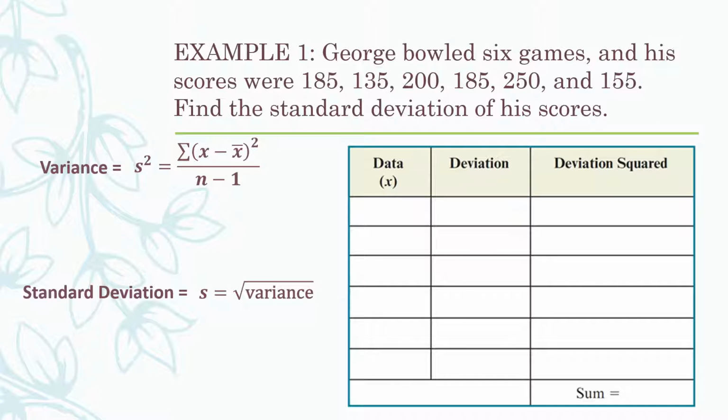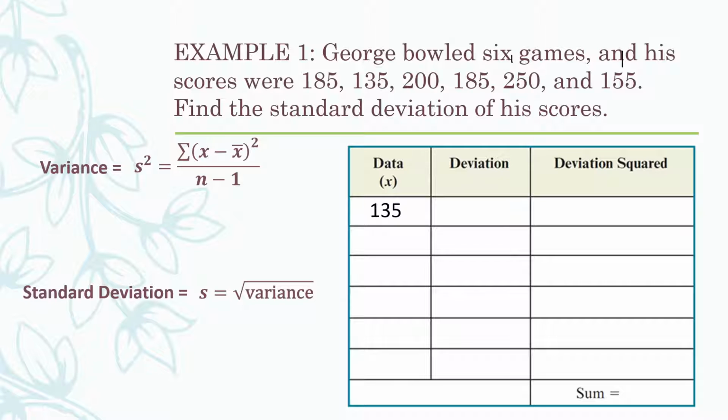Let me just remind you that n is the number of data values that you have in your data set. So let's see what our n value would be here. This is 1, 2, 3, 4, 5, 6. So our n value here is going to be 6 because we have 6 data values. Sorry, my 135 already popped up there.